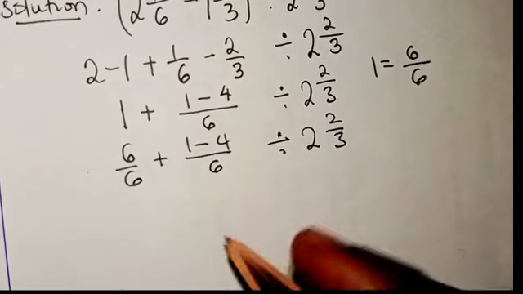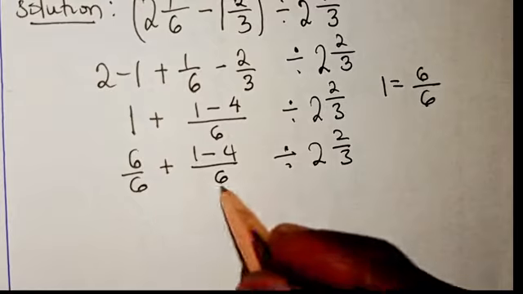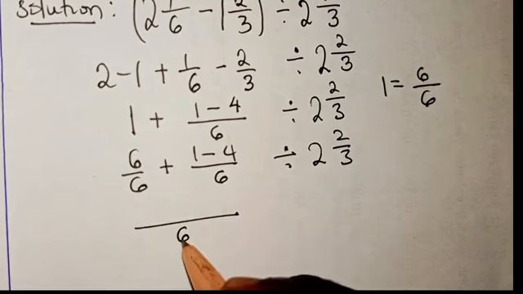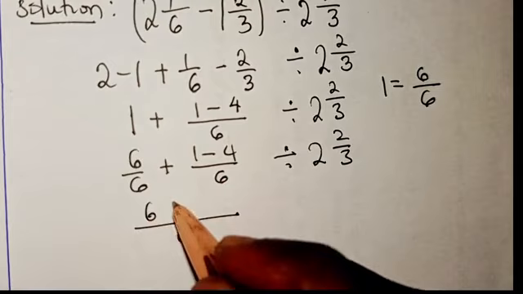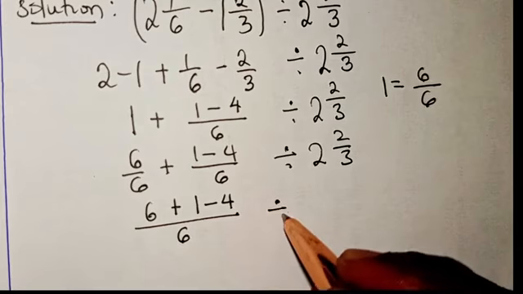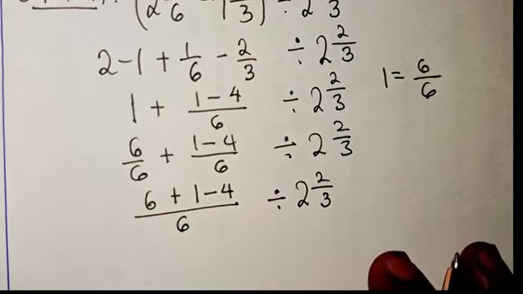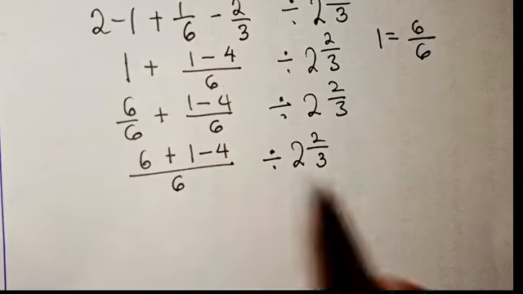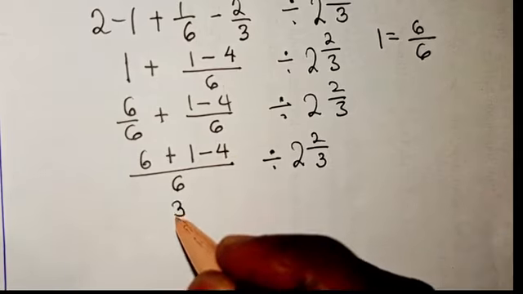Since we now have the same denominator, we can take 1 over 6, then add: 6 plus 1 gives us 7, then 7 minus 4, that's going to be 3 over 6.